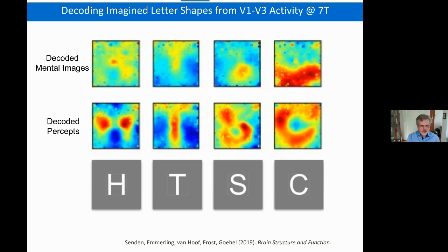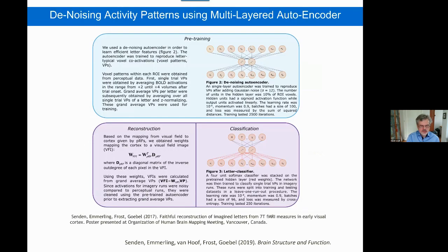In order to improve the reconstructions, we used multi-layered neural networks as an additional pre-processing step of the obtained brain activity patterns during imagery. More specifically, we trained a denoising auto-encoder network using only brain activity from trials of the perceived letter stimuli.